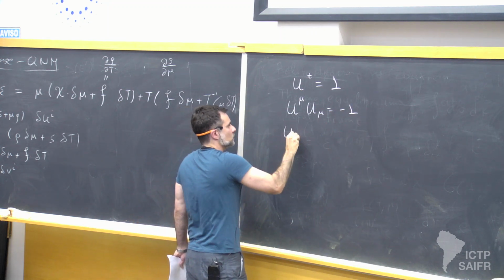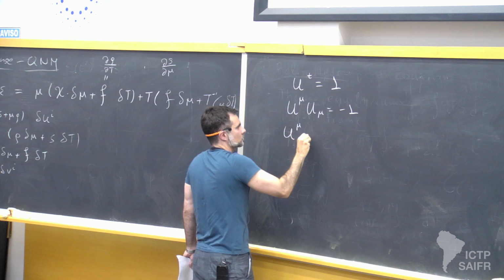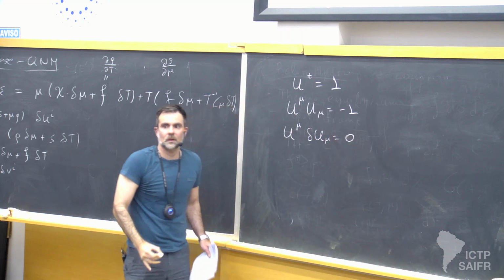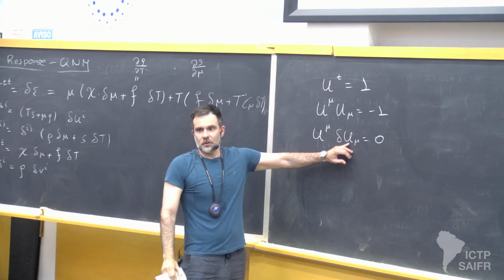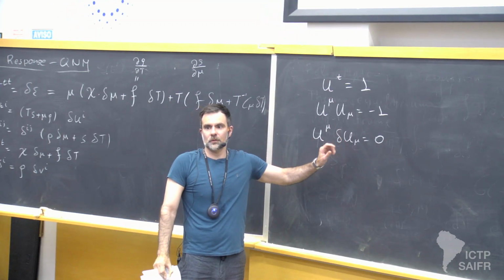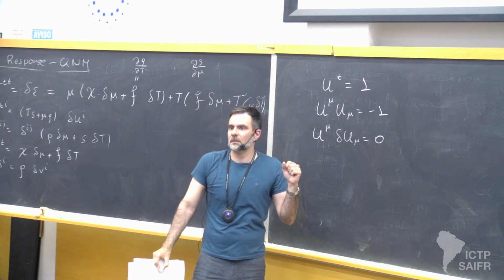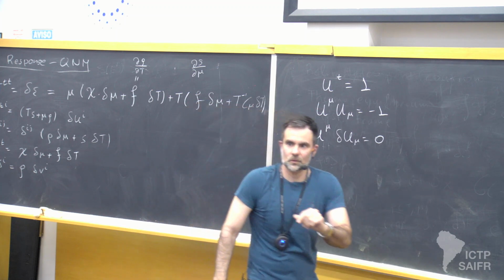So the perturbation is basically telling me that delta u^t would be 0. So I don't have to vary delta u^t. Is that everything clear to everyone? Thanks for asking.